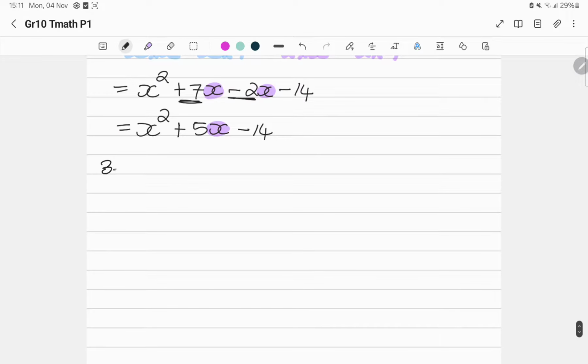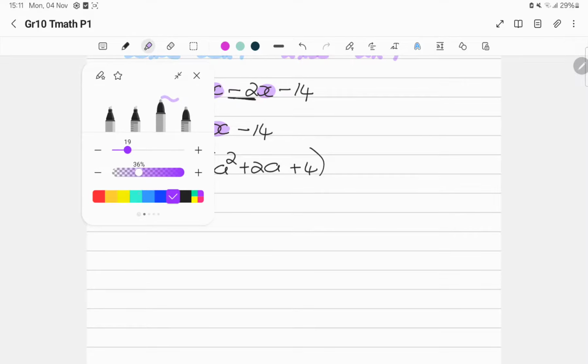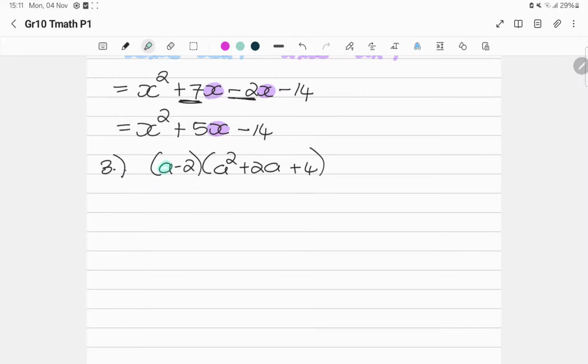Or the third one is, let's say I'm giving you a minus 2 bracket a squared plus 2a plus 4. Now suddenly there's 3 terms in my third bracket, but this idea still stays exactly the same. So I take my a and I have to multiply it with all 3 terms in that third bracket. Meaning I have to say, what is a times a squared?